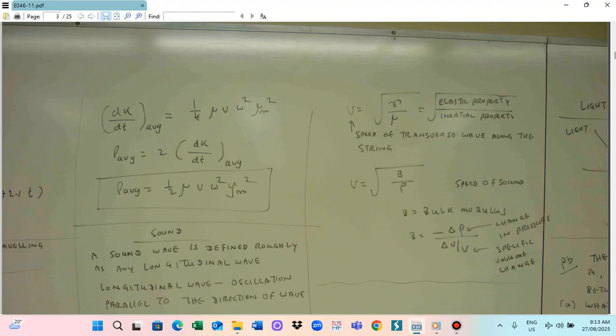And in this case we can also calculate the speed of sound: v is equal to the square root of B by rho. So v is the speed of sound, and B is the bulk modulus.